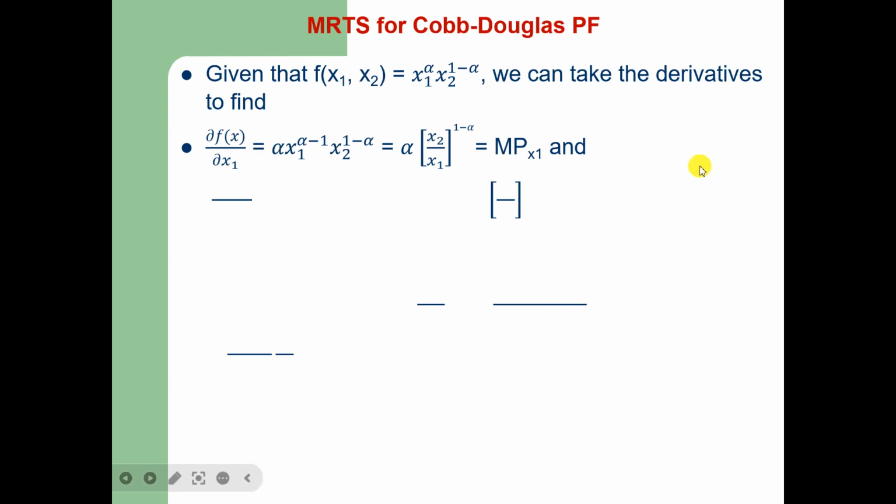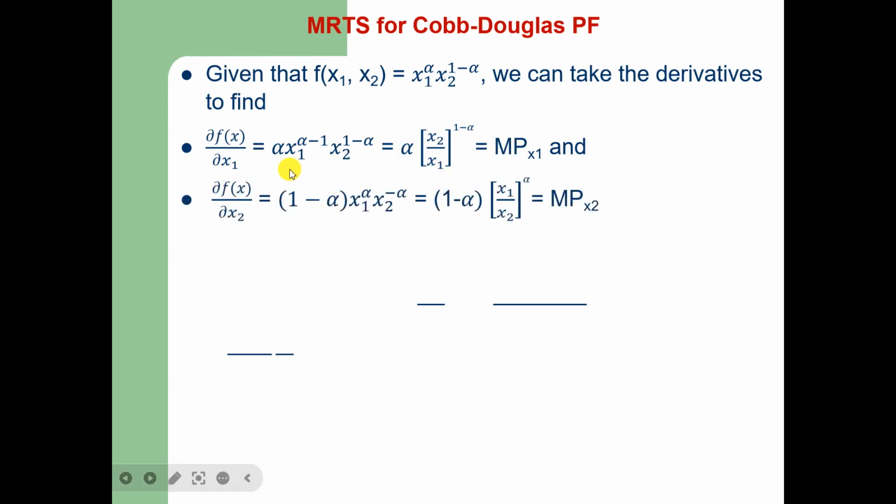Taking the partial derivative with respect to x1, we have alpha times x1 raised to the power alpha minus 1, x2 raised to the power 1 minus alpha, and simplifying that is equal to alpha times x2 divided by x1 raised to the power 1 minus alpha, and that is equal to the marginal physical product of x1, and let us suppose x1 is labor.